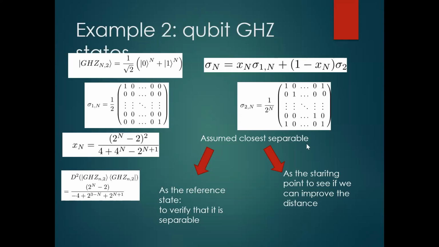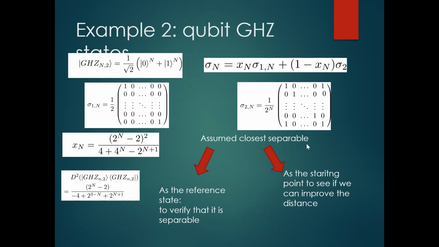You can check that it's the closest separable state, so as a reference state it should be very well reconstructed as a starting point for the next iteration of the algorithm. I mean, then you won't get any correction. So that's how we check.